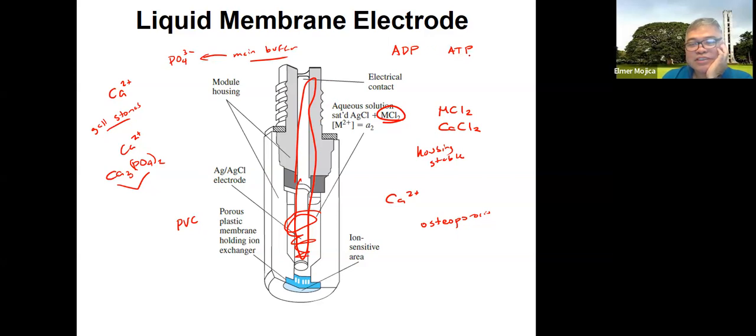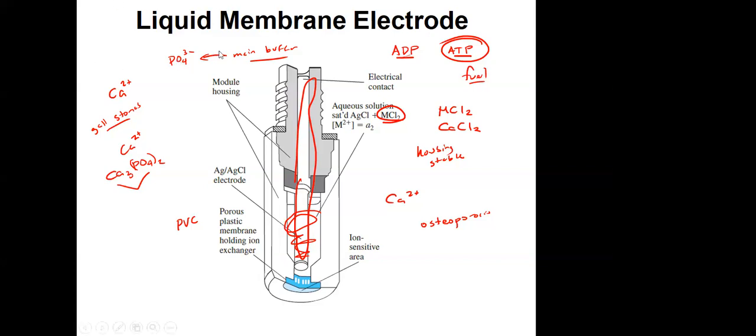So what differentiates it from this one? Isn't it one phosphate? And we call this what? In biochem. To those who are taking biochem, what is ATP? Adenosine triphosphate. What does ATP do? Isn't it the energy, the fuel that we have?